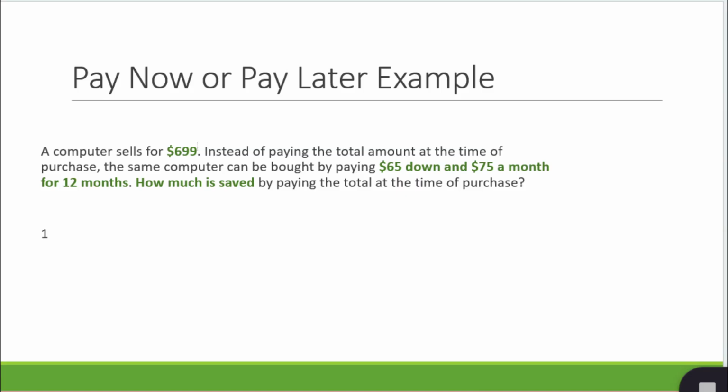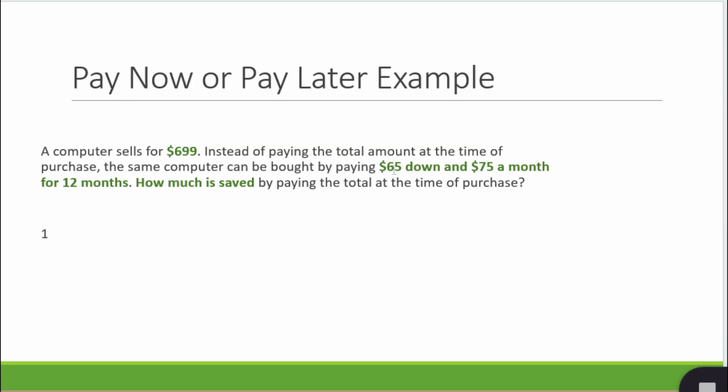And the store owner gives you another option. He says, instead of paying that total amount, the $699, at the time you purchase it, you could buy that computer by paying $65 down and then $75 a month for the next year, or 12 months.